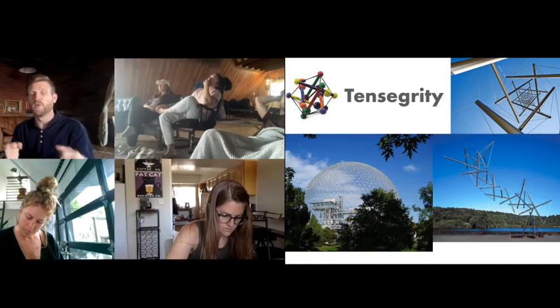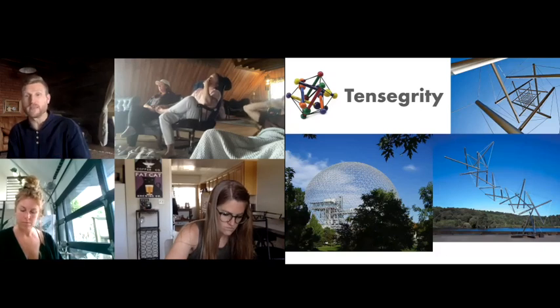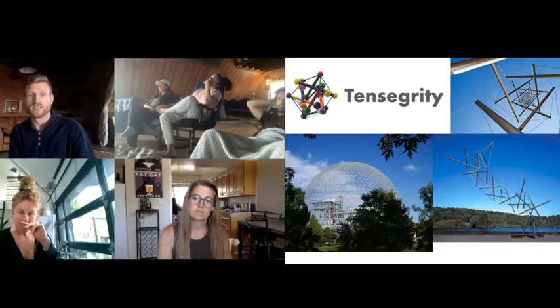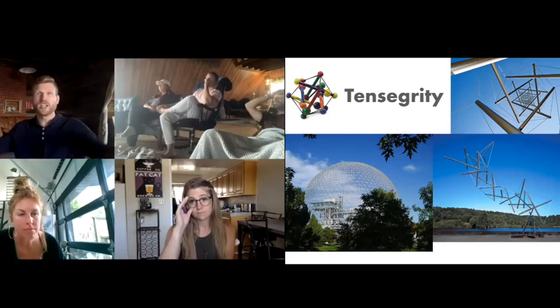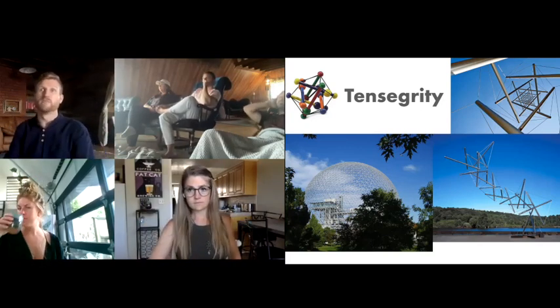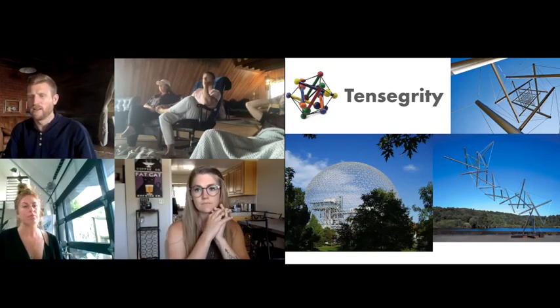And so the most famous example is a geodesic dome. Buckminster Fuller, probably his most famous invention is the geodesic dome, which is pictured in the lower left here, the largest space encompassing dome ever built, right? I think it was the World's Fair at some point.